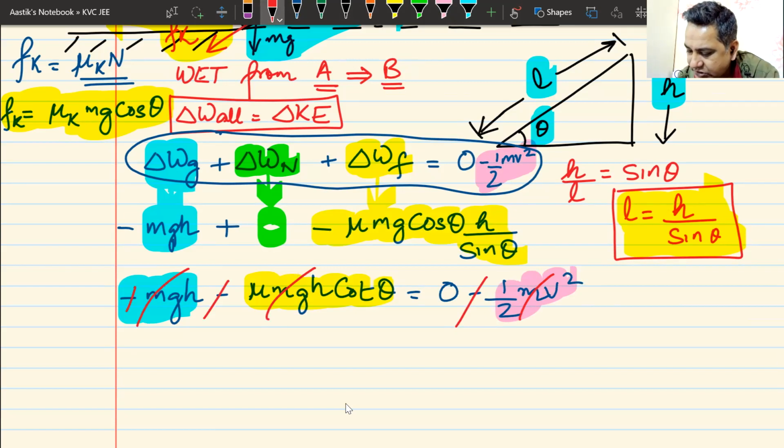What is the value of h? Can you tell me the value of h by calculating? Anyone? That would be a good sign that we are in the class and we are studying. What is the value of h? I'll give you a minute to calculate.